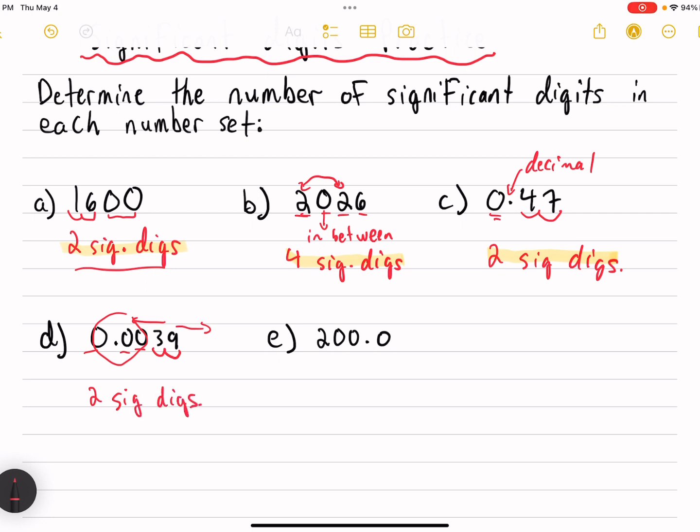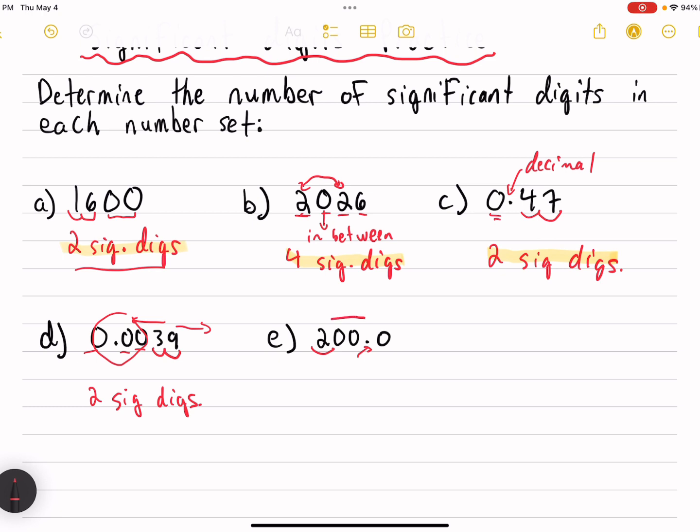And then finally, with the 200.0 number set here, this is a decimal number. And so while the non-zero is automatically significant, because it is a decimal, we have to carefully look and see where the zeros are placed with regards to the final non-zero digit, in this case, the 2.